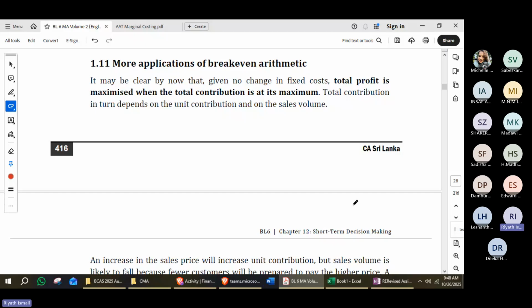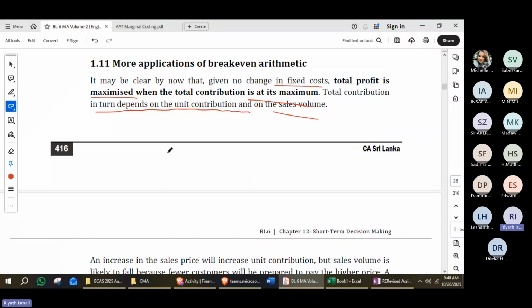It may be clear by now that, with no changes in fixed cost, total profit is maximized when total contribution is at maximum. The total contribution in turn depends on the unit contribution and sales volume, right?